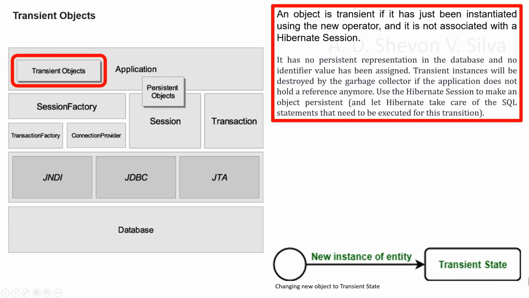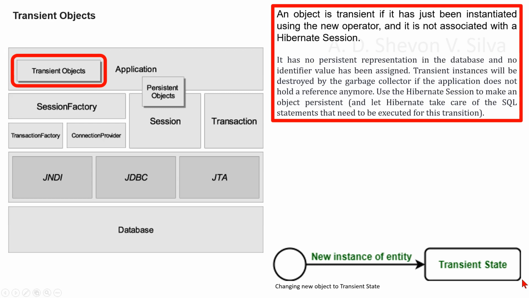As it is not connected to any Hibernate session, this state is not connected to any database table. So if we make any changes in the data of the Pojo class, then the database table is not altered. Transient objects are independent of Hibernate and they exist in the heap memory.